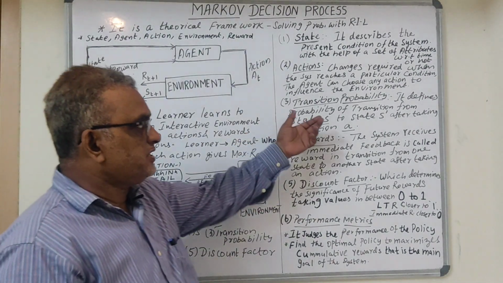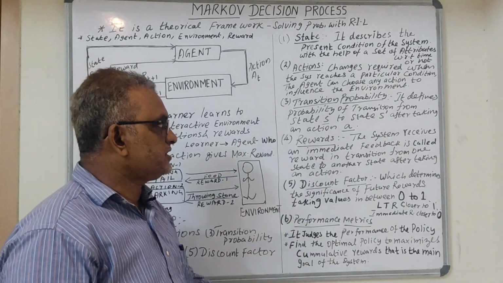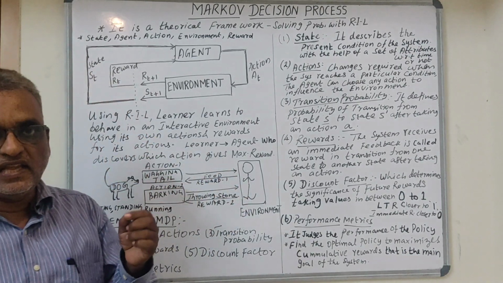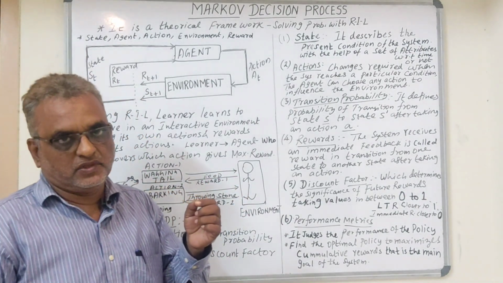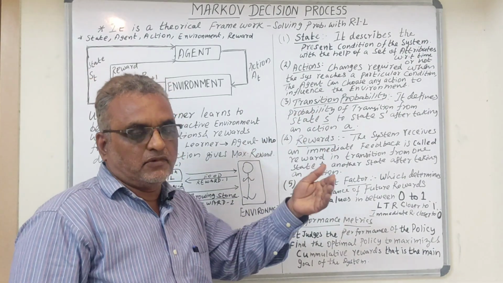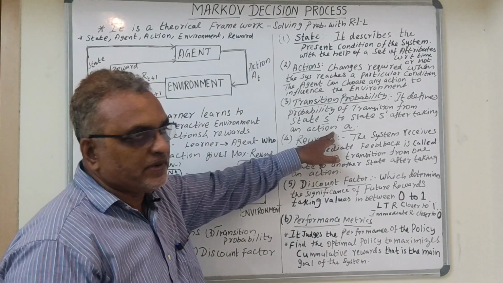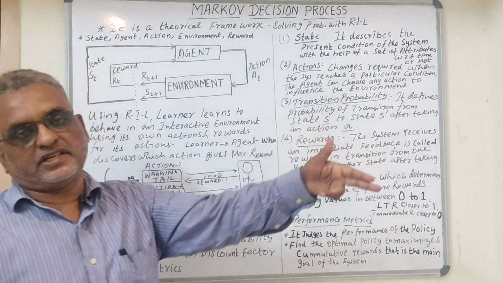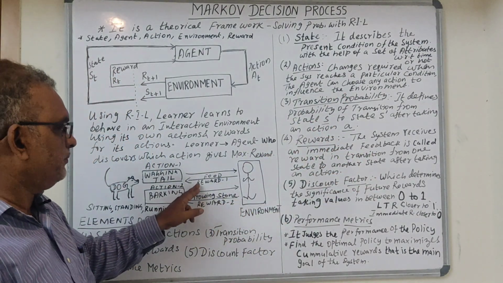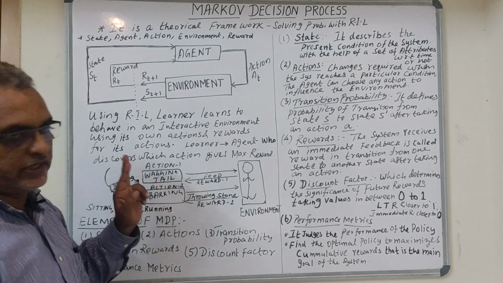Number 3, transition probability. It defines the probability of transition from state S to S dash after taking an action. So the probability of transition from a state to the next state depends upon the type of the action, here wagging the tail and barking at the person.